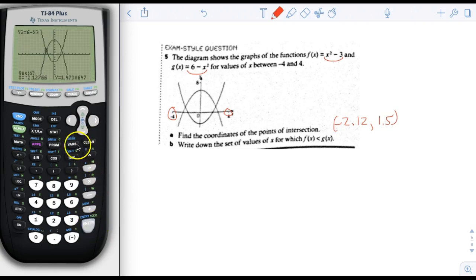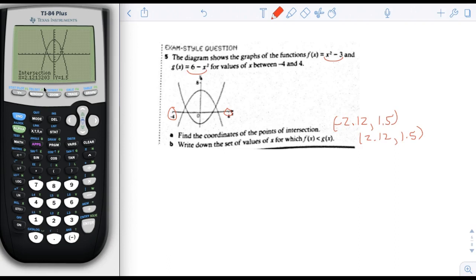First curve, second curve, guess. And our guess, we're going to move the cursor close to the other intersection. And it's positive 2.12, 1.5. Okay, so those are the 2 points of intersection.